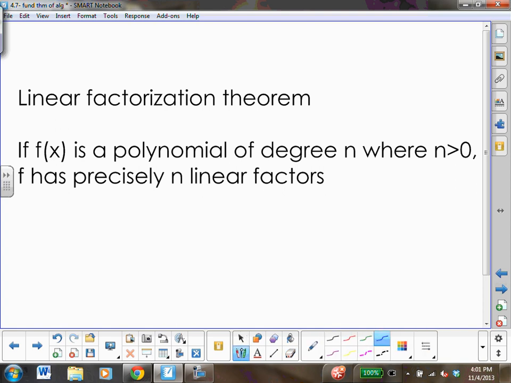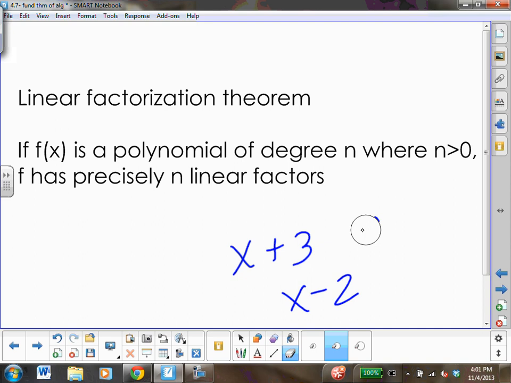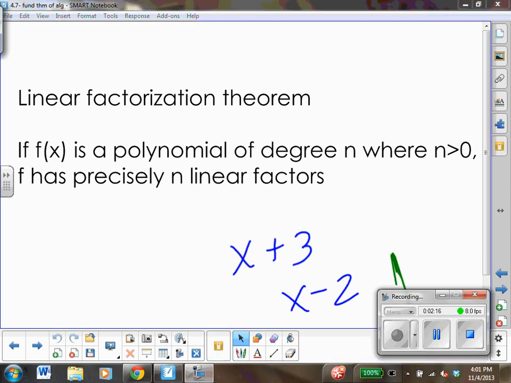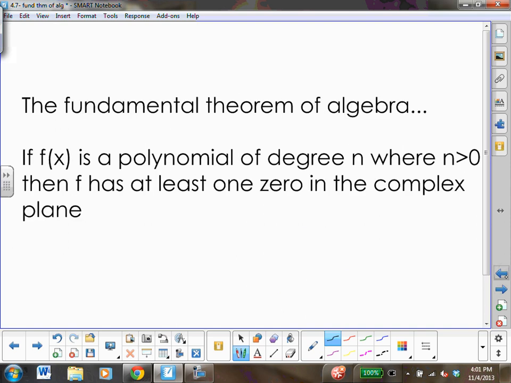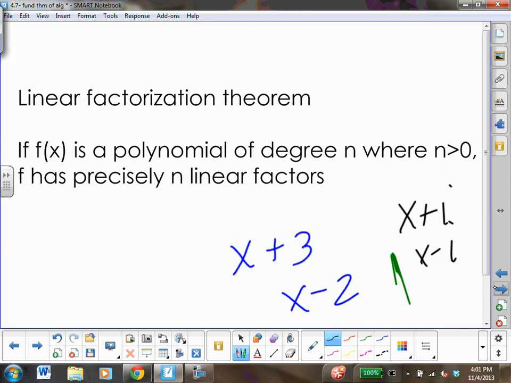Which basically says that you can factor any polynomial to be the product of linear factors, meaning like x plus 3 or x minus 2, or even x plus i or x minus i could be considered linear factors. So let's practice using the linear factorization theorem and the fundamental theorem of algebra.